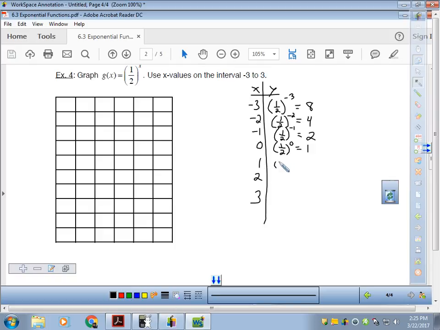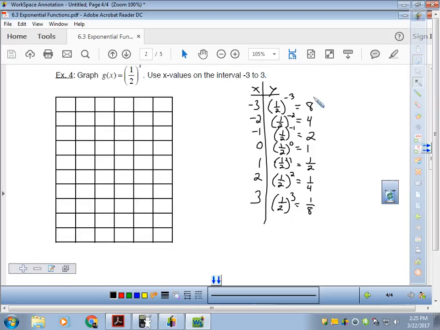Plug in 1. 1/2 raised to the 1st power is just 1/2. 1/2 raised to the 2nd power. The 2nd power goes to the 1 and to the 2, so 1 squared is 1. 2 squared is 4, so it's 1/4. And then 1/2 to the 3rd power. 1 cubed is 1. 2 cubed is 8. That's 1/8.